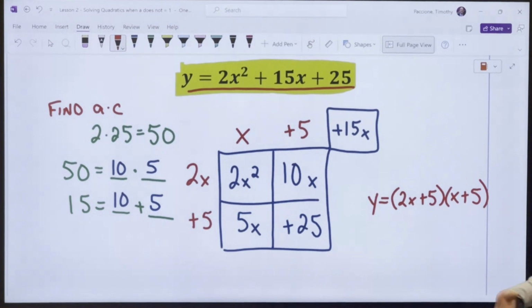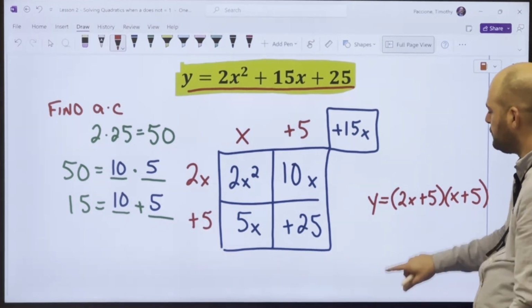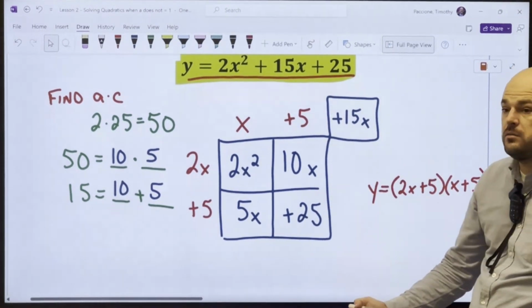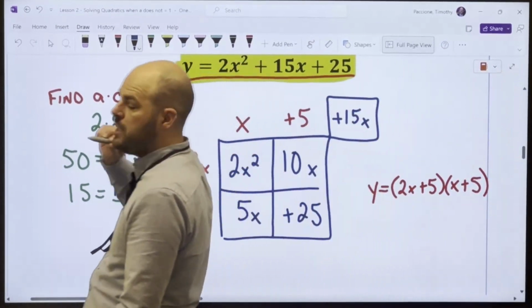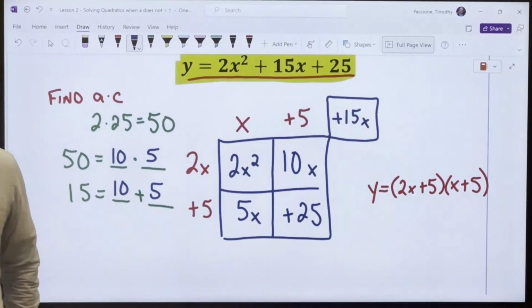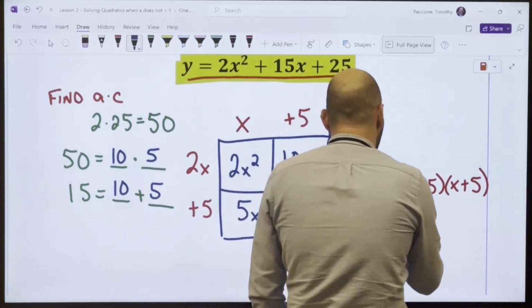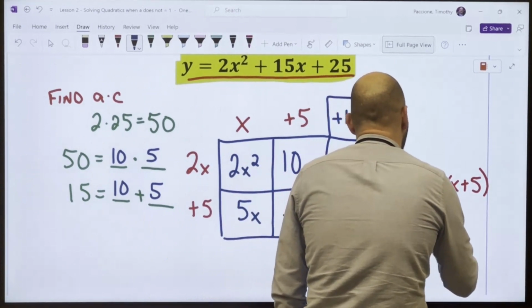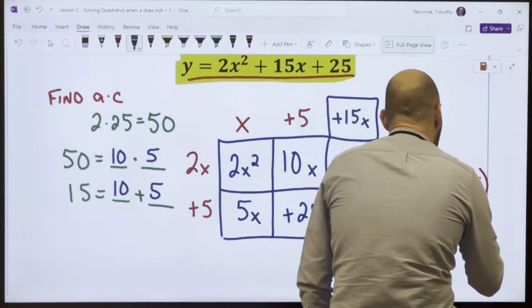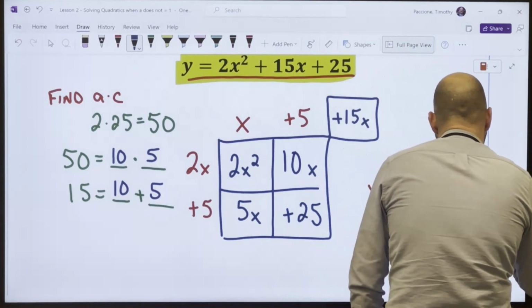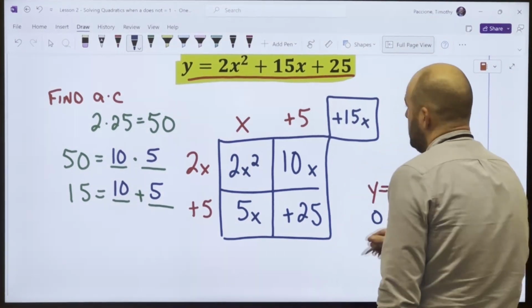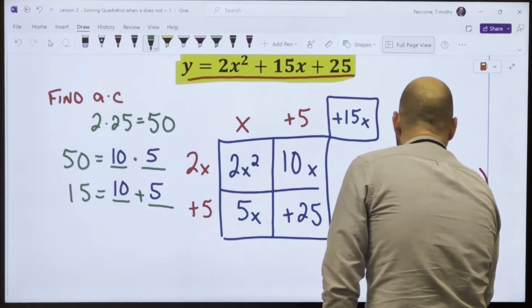And now, what can I do? Because I was being asked to solve it, right? So I want to set it, what? Equal to 0. So 0 equals 2x plus 5, x plus 5. And I pull it apart.